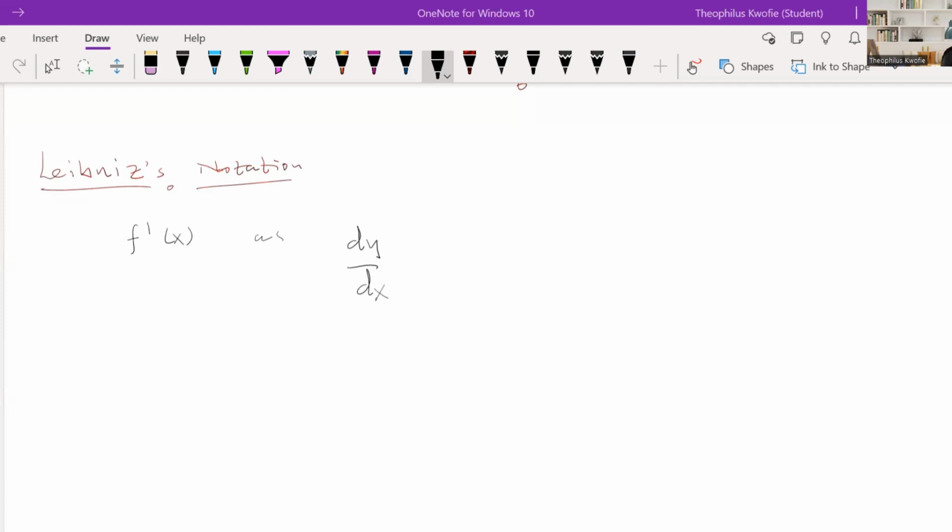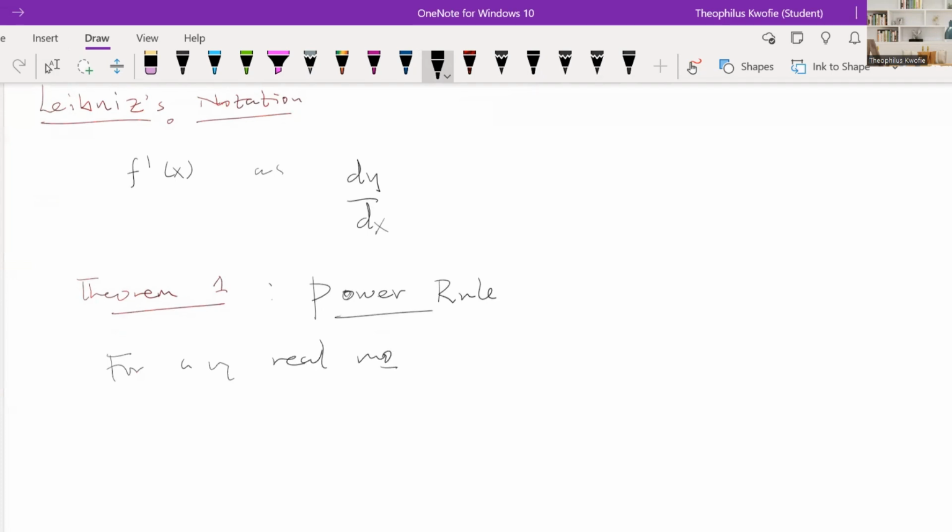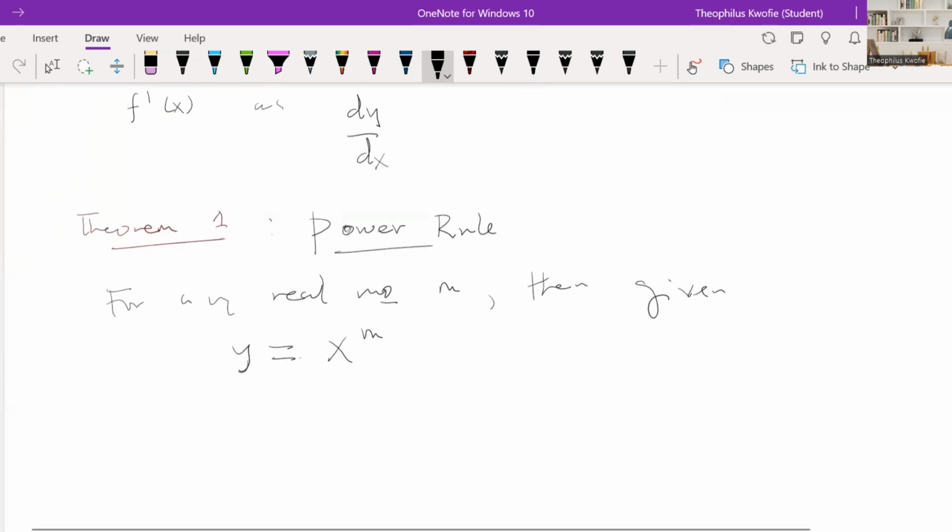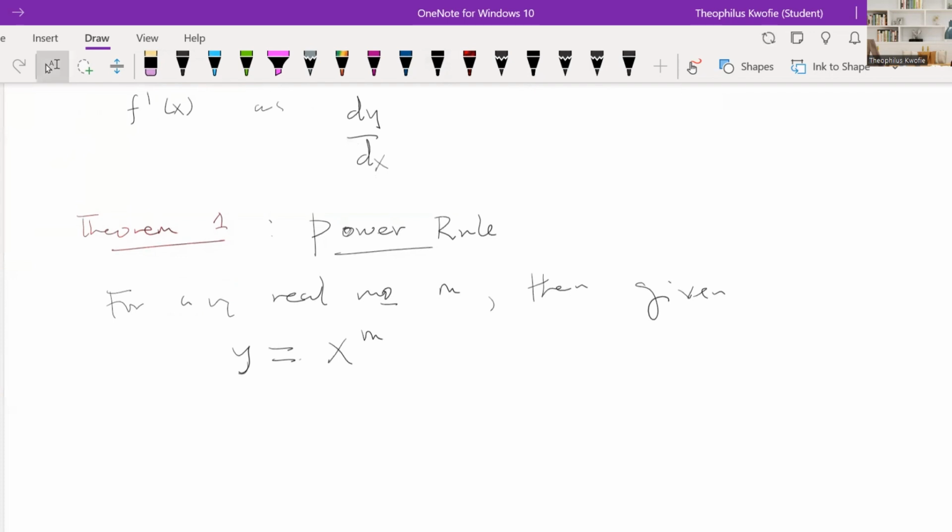So I want us to take note as we look at the theorem. The first theorem I want us to look at is the power rule. For any real number, let's call it m, let me rewrite this in a different way. For any real number m, given y equals x to the power m, the question is, if I want to find its derivative, what happens?